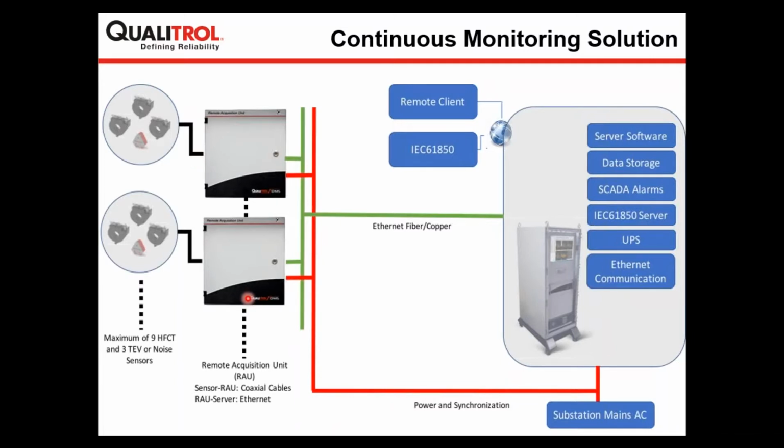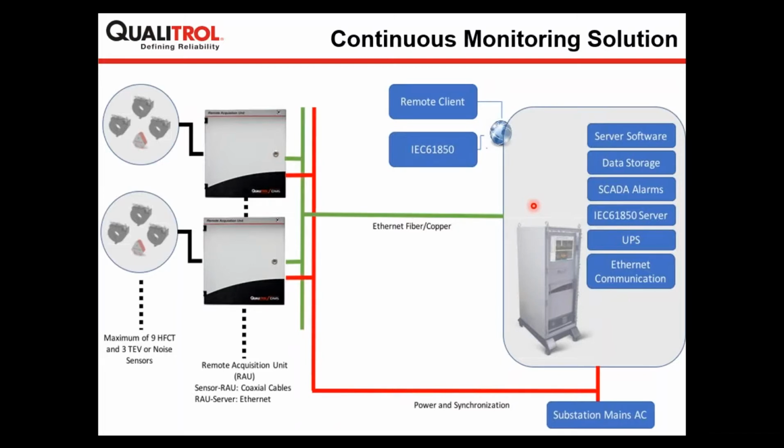All of these RAUs will be talking to the central server, which will be placed in the control room, and this server will be capturing all the data which will be sent over Ethernet, fiber, or copper. The central server is responsible for the storage of the data and generating the alarms for IEC 61850, and it has a UPS which will be able to operate it if there is a power failure inside the control room.